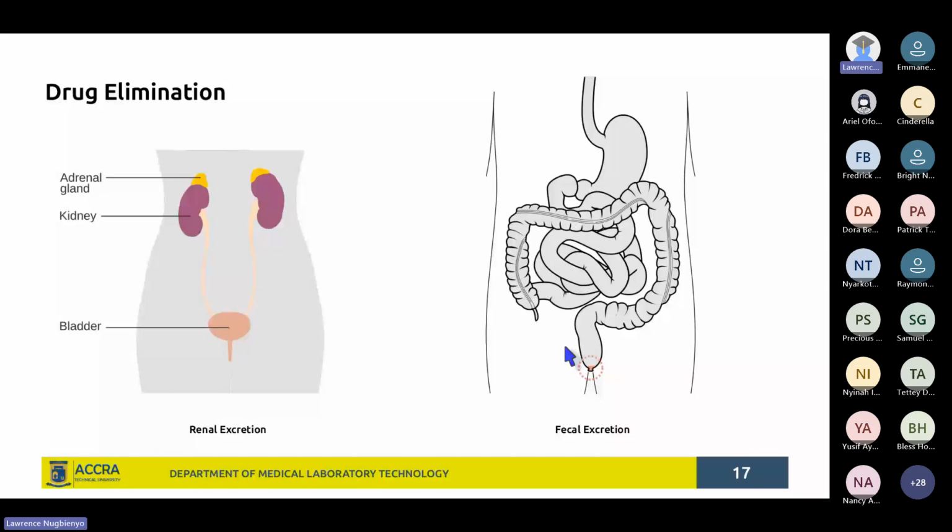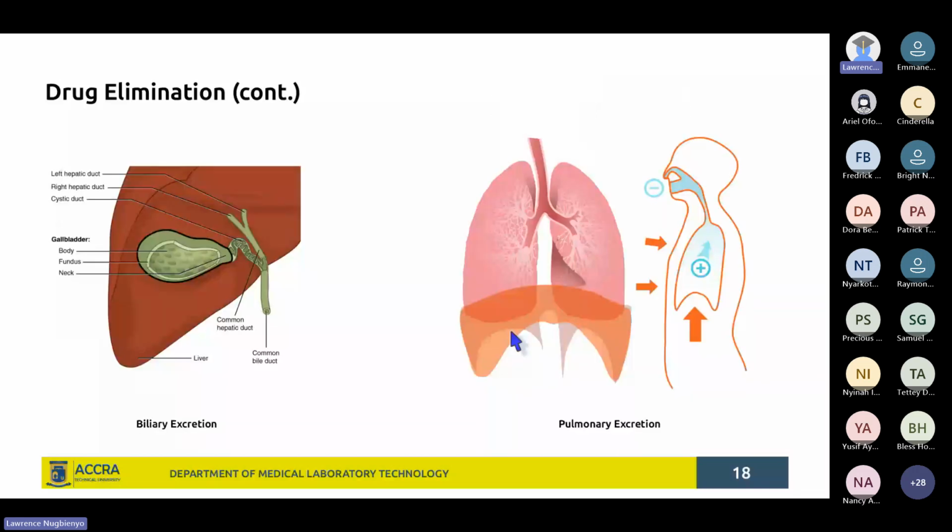All right. Then you also have what we refer to as biliary excretion. Some of these medicines, after they get metabolized in the liver, get stored in the gallbladder with bile, and so they will get excreted with bile into the digestive system.